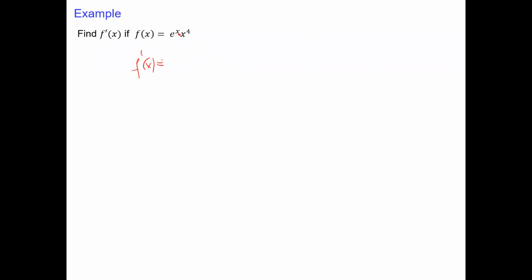So we have to realize that this is a product, and then differentiate. The derivative of e to the x is just e to the x times the second function. Now copy the first function times the derivative of the second function, for x cubed. Done. I might factor out x to the power of 3 e to the power of x.